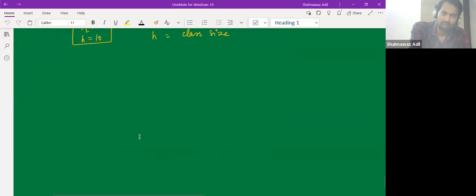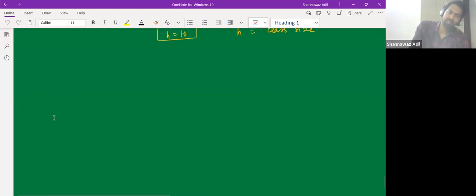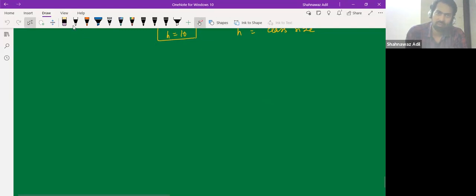Good, good. So now the next central tendency is about the grouped data. If you remember your ninth class, you learned about the median.